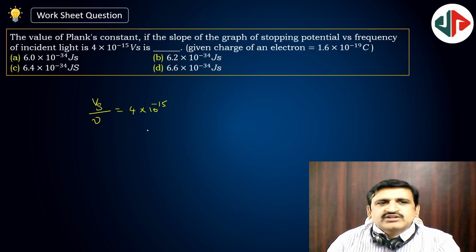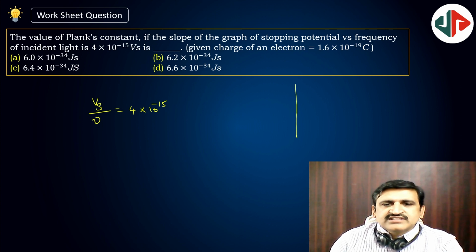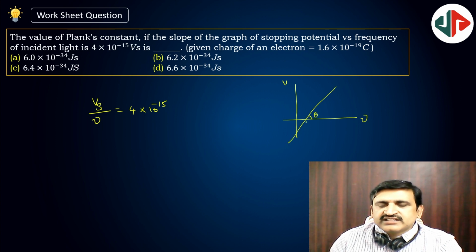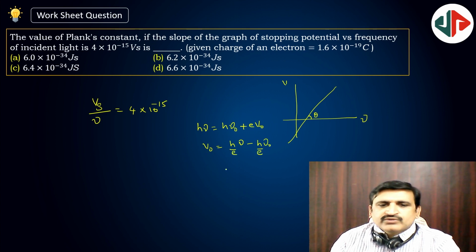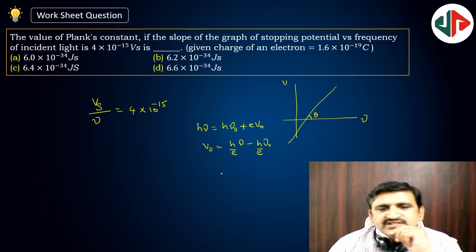If this is the graph, with frequency on one axis and stopping potential on the other, the graph will come like this, and this is theta. Tan theta is the slope. I can write the equation h nu equals h nu naught plus e V naught. So V naught is equal to h nu minus h nu naught by e. So slope is equal to h by e.